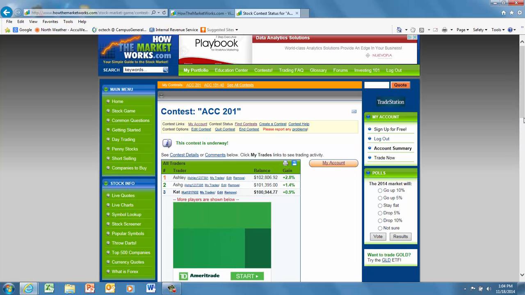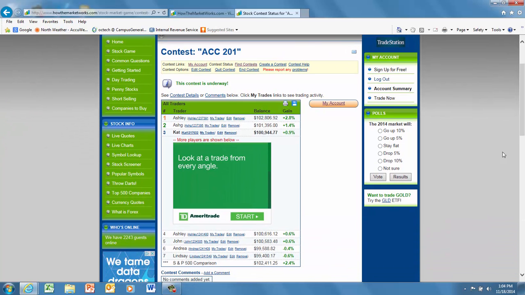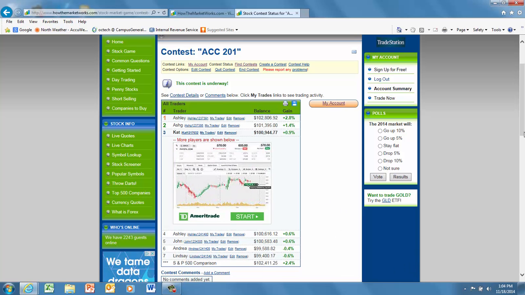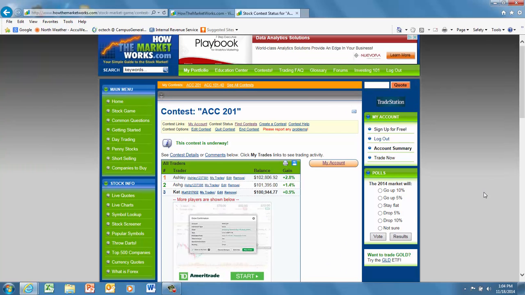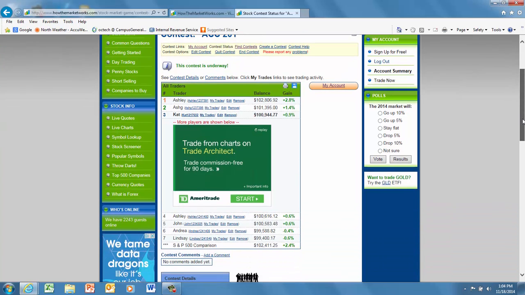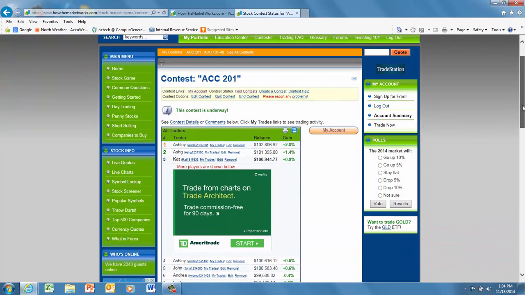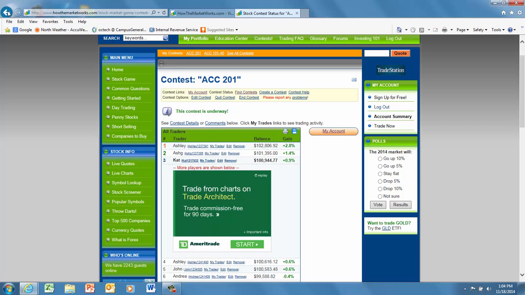Here is the class that is doing this particular game. I'm ranked 3rd at the moment, and I hadn't really done much of anything, but okay. And let's see.